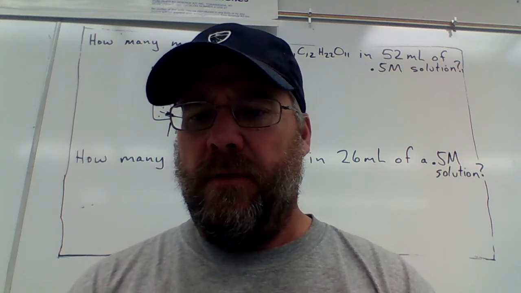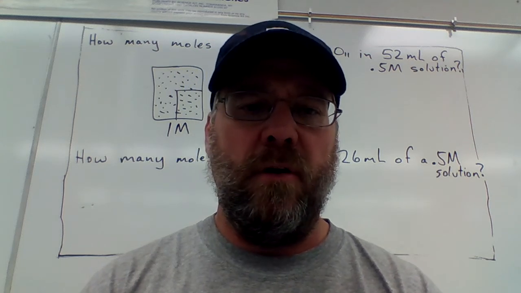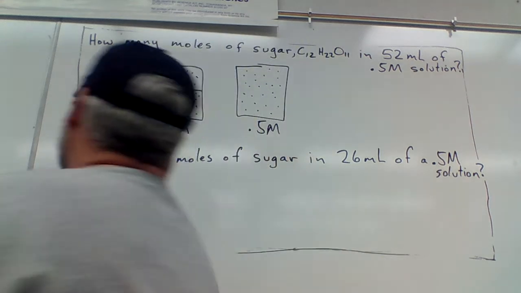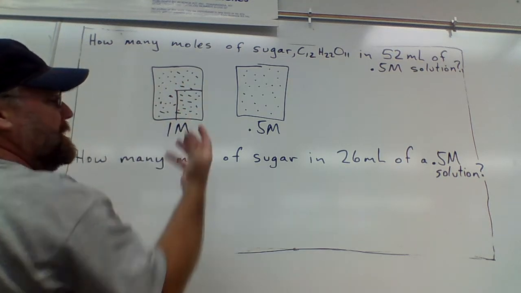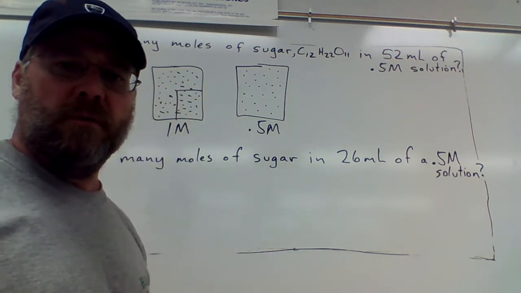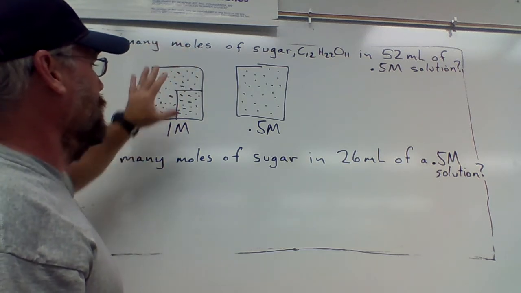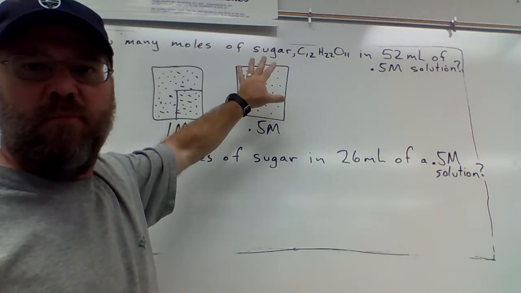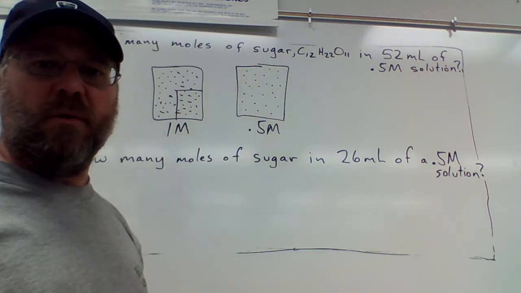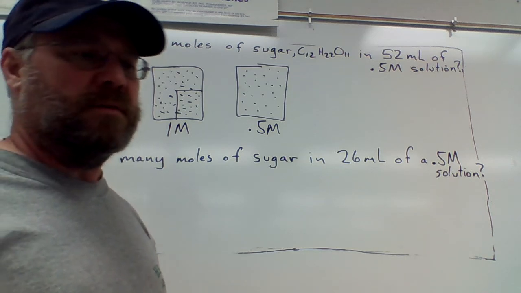If I take a small chunk out, this small chunk is still a 1 molar concentration. If I look at 1 molar versus a half molar, there are just half as many particles in the half molar solution as there are in the 1 molar solution.